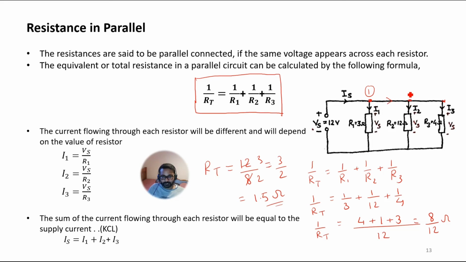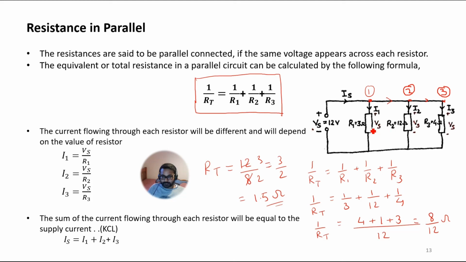Then again at your second junction, the leftover current will get divided again into two parts: I2, and whatever is left, which is I3, will flow through your resistance R3. In that way the current gets divided because you have three different paths for the current to flow, so different values of current will flow through each resistance.